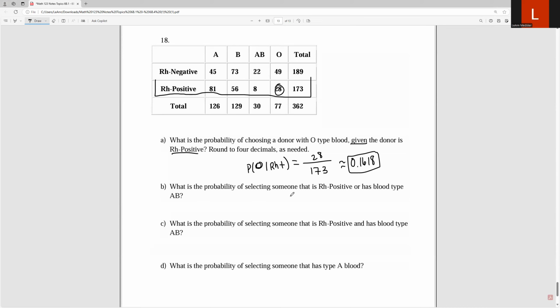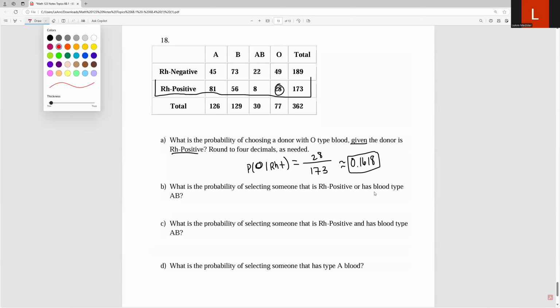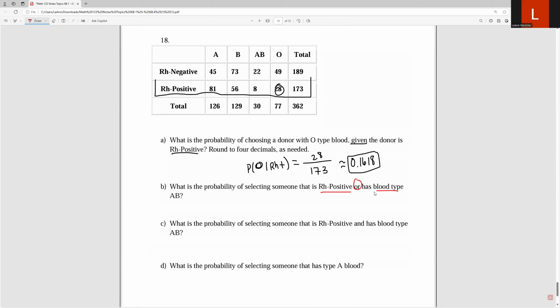What is the probability of selecting someone that is RH positive or has blood type AB? So now we're doing an or. RH positive, we know, is the 173 out of the 362 plus the blood type AB. That's going to be 30 people out of 362.